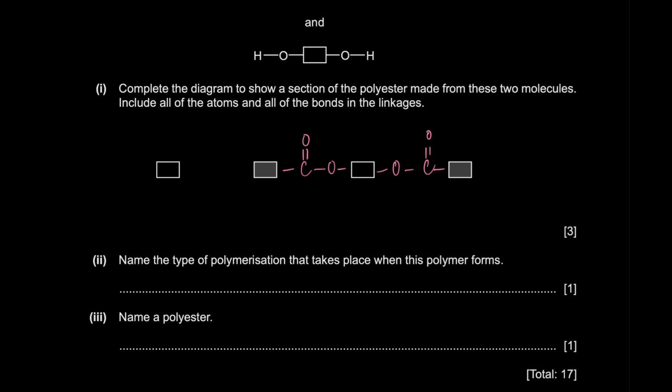And read all of the atoms and all of the bonds and linkages. So we'll finish it over here like that. Okay, done. And the type of polymerization: condensation.